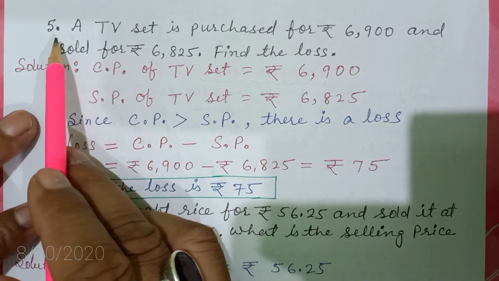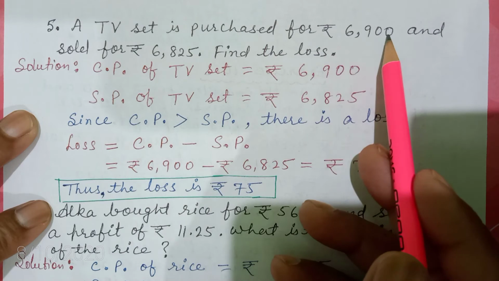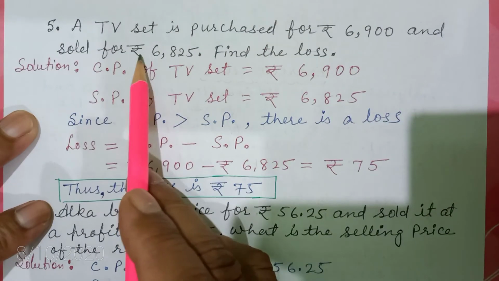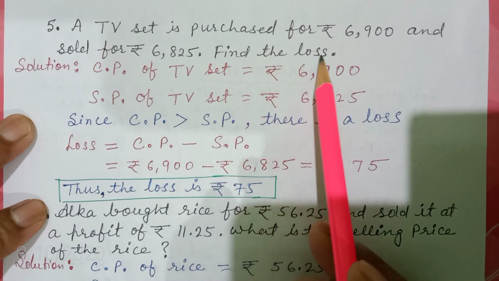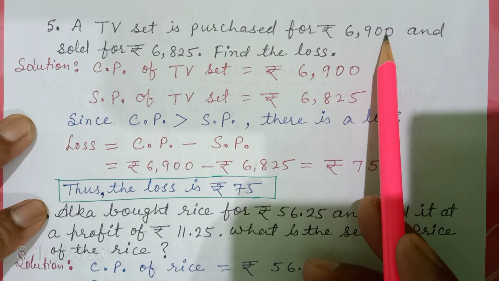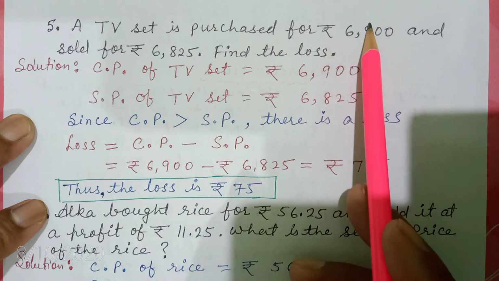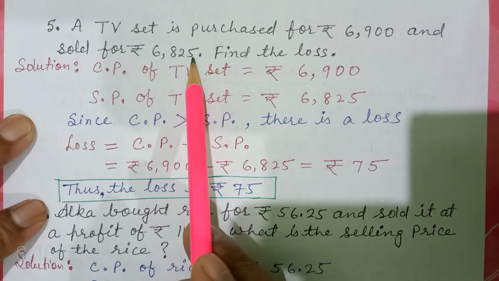Now question number 5. A TV set is purchased for rupees 6,900 and sold for rupees 6,825. Find the loss. Purchased for rupees 6,900 children, it means this is the CP, and sold for rupees 6,825. This is the SP.